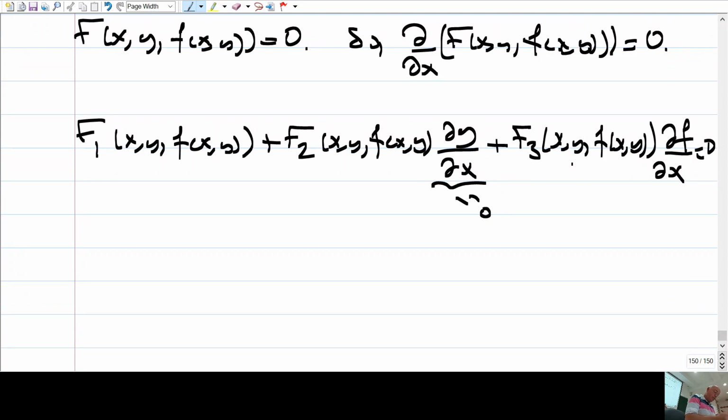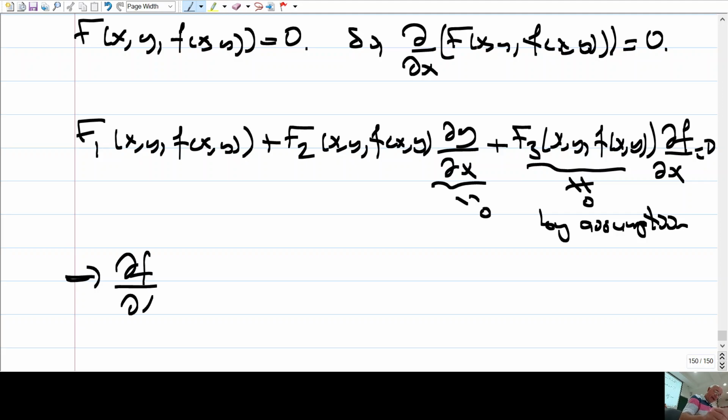Okay, so this is not zero by assumption. Hence, we see that del f del x is equal to what? This was zero, so this term is gone.